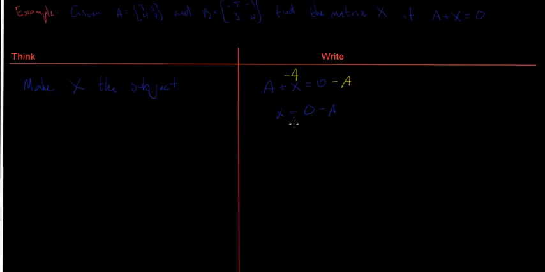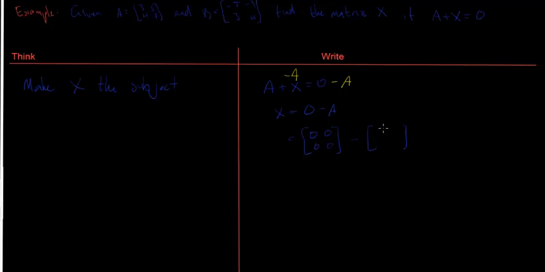That's X. So now we can substitute these in, and we know the null matrix is going to be 0, 0, 0, 0. We assume that to be the case because we are assuming we can do this subtraction, and in order to do that subtraction we need to have a 2 by 2.